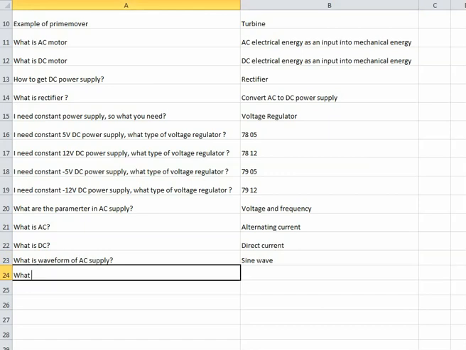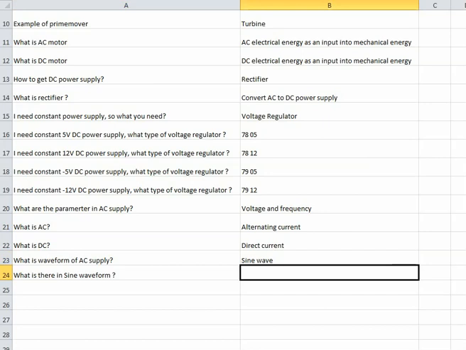What is there in a sine waveform? It consists of zero, positive and negative magnitude.